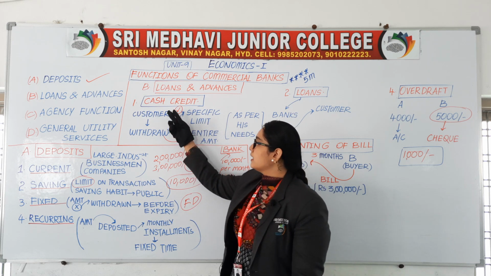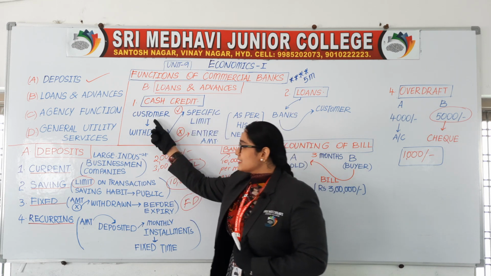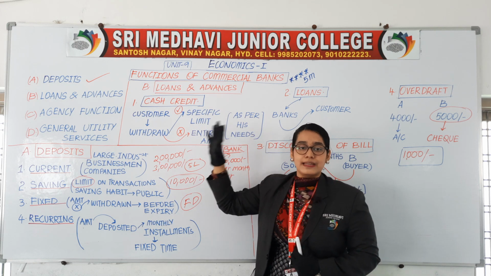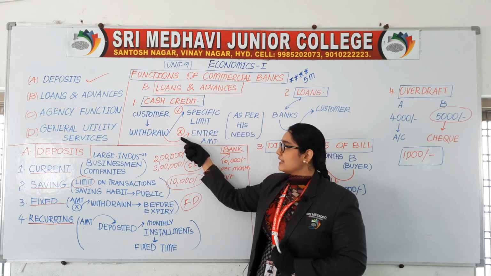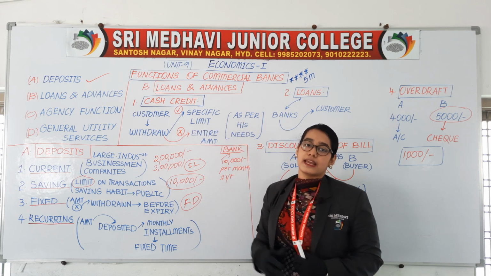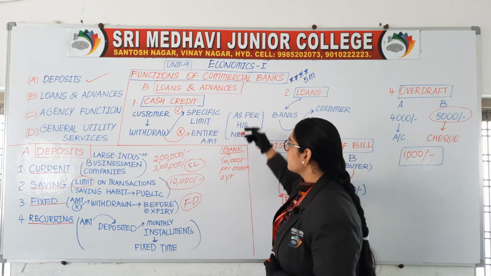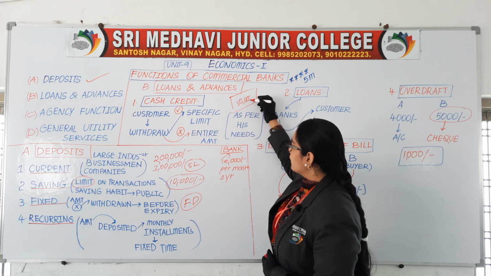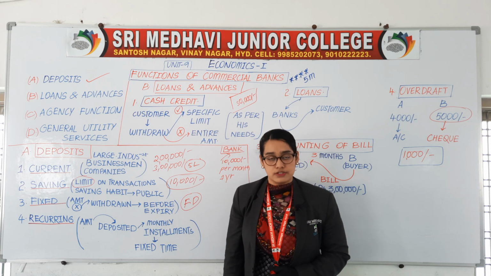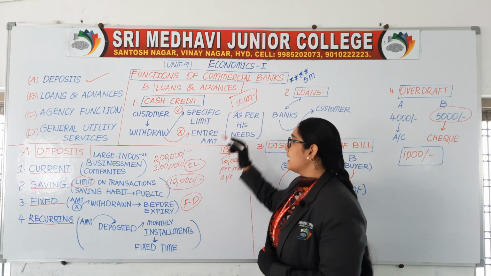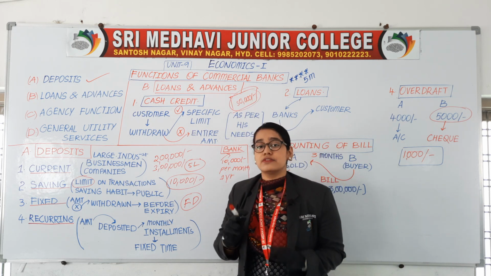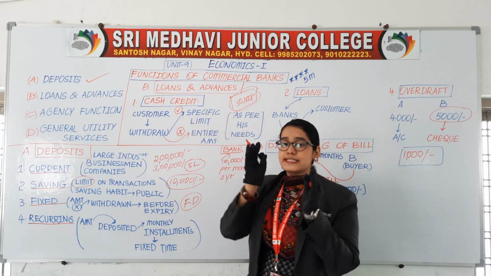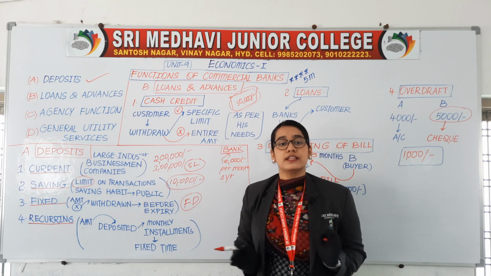Let us see the first one. Cash credit. A customer can withdraw only up to a specific limit, and he cannot withdraw the entire amount. For example, in your account you have 50,000 rupees. At a time you cannot withdraw the entire 50,000, because you can withdraw only a specific amount, not more than that.